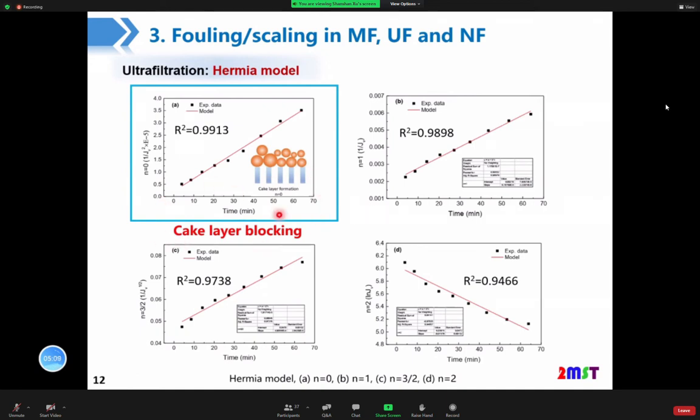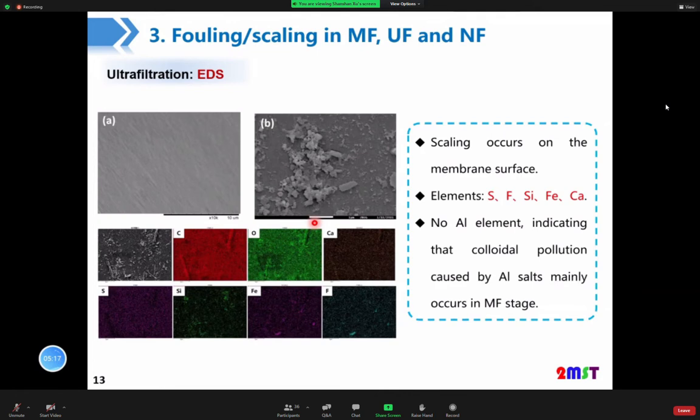It is difficult to restore membrane performance by simple physical cleaning. The scaling elements in the ultrafiltration membrane are sulfur, silicon, iron, and fluorine. No aluminum element, indicating that colloidal fouling caused by aluminum salts mainly occurs in the microfiltration process.